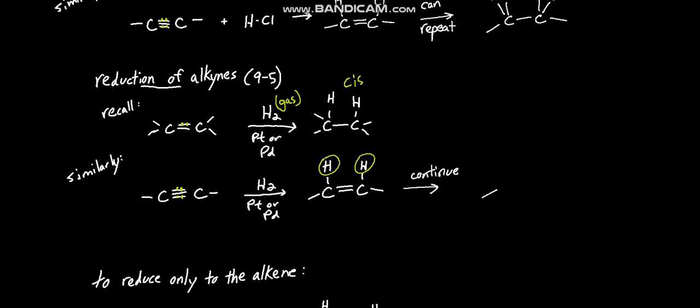So you would inevitably end up with a second hydrogen adding, cis again, and so you have complete saturation of the molecule with hydrogens. So it's of interest that if you didn't want this, to be able to stop it at this point.